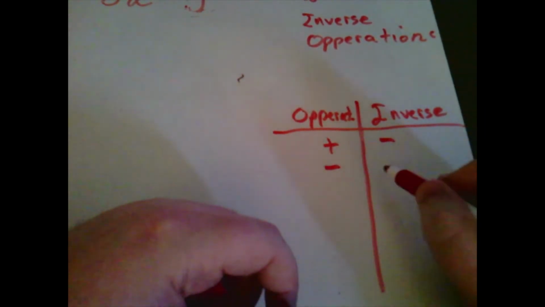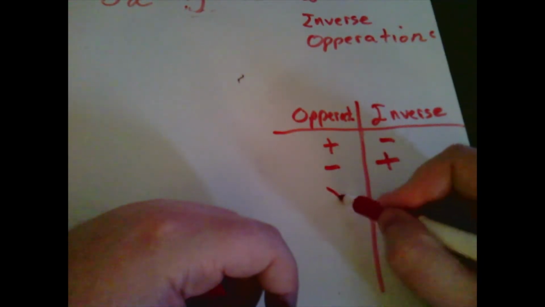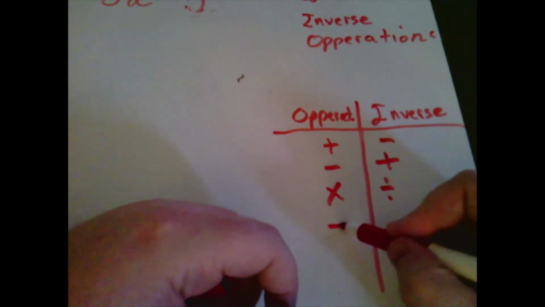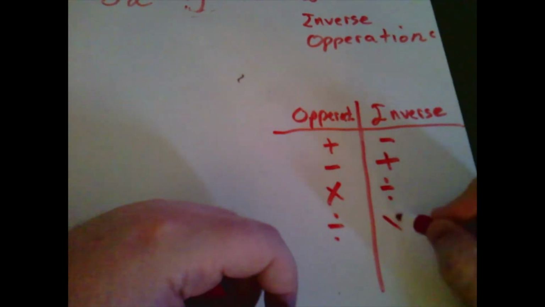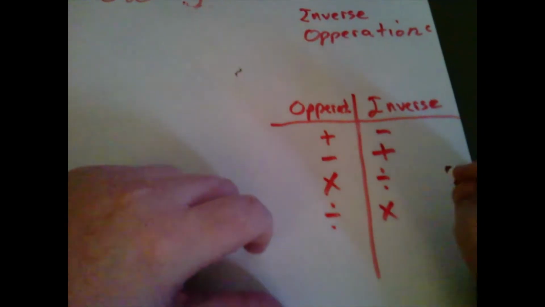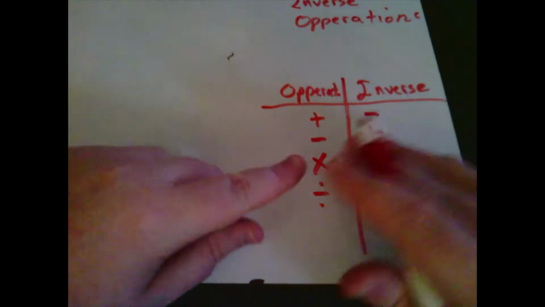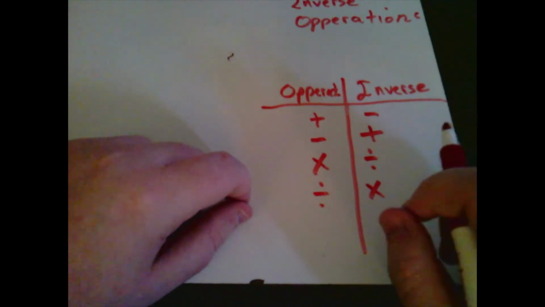The inverse of subtraction, well, that would be addition. Multiplication is division, and the opposite of division is multiplication. Now there are other operations that can happen in mathematics. We're not going to be reviewing those now. We will touch on those in the future.